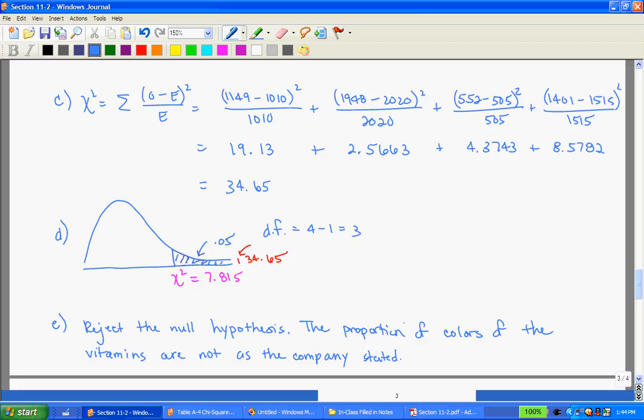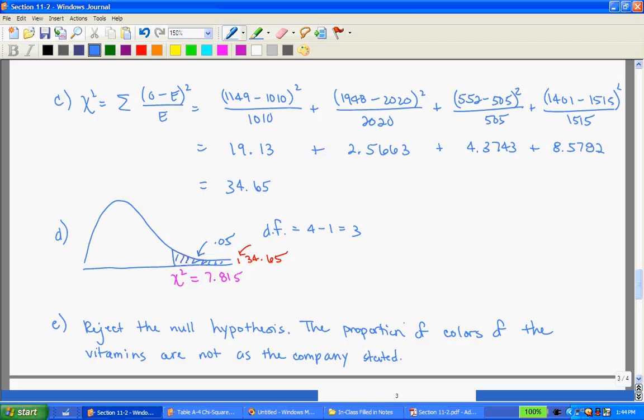So perhaps there's something wrong and they need to make an adjustment with their machine, or something's going on, but what they're claiming to be the proportions in each bottle are not occurring based on the experiment we conducted. And especially how far away that 34.65 is.